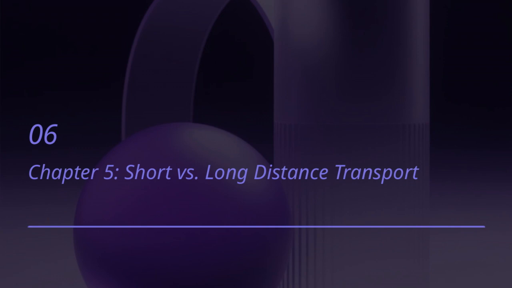Understanding these differences helps us optimize logistics, reduce costs, and improve service levels. This chapter ties back to the overall theme of efficient supply chain management by highlighting how choosing the right transport method based on distance is vital for balancing cost, speed, and reliability.